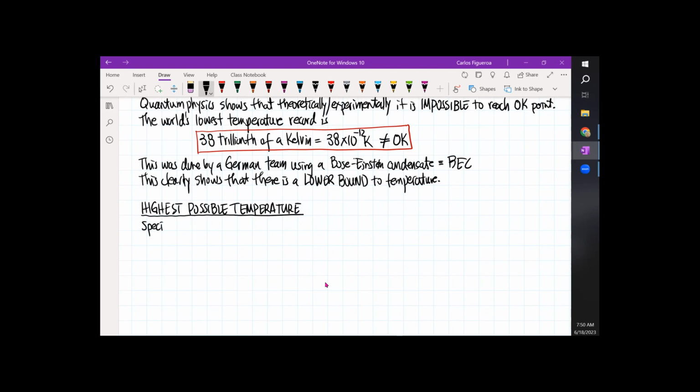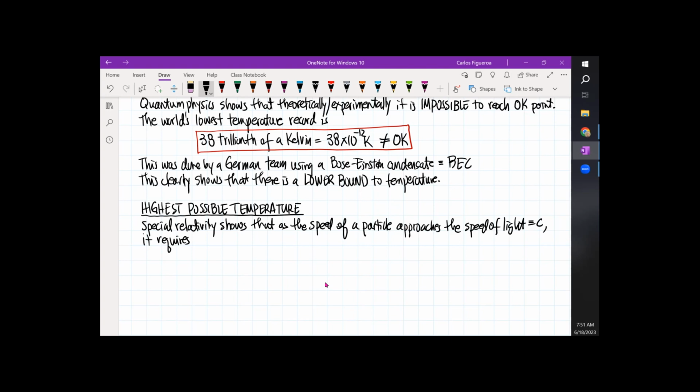Special relativity shows that as the speed of a particle approaches the speed of light, which is typically abbreviated as c, it requires an infinite amount of work.